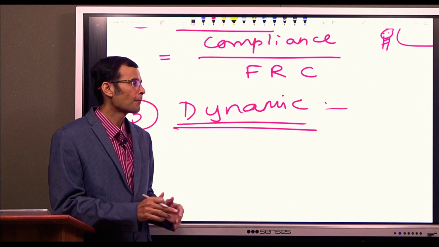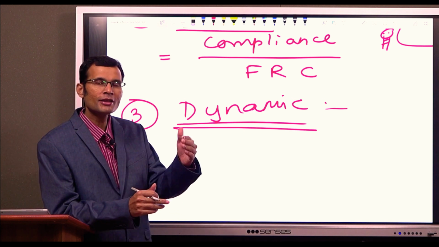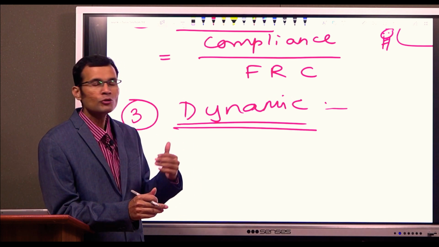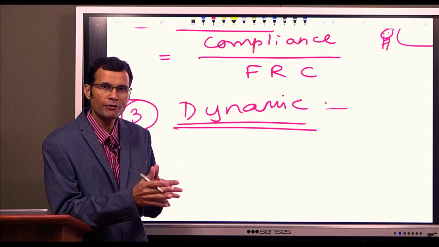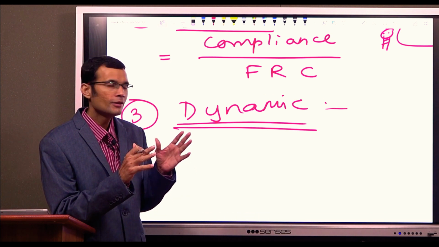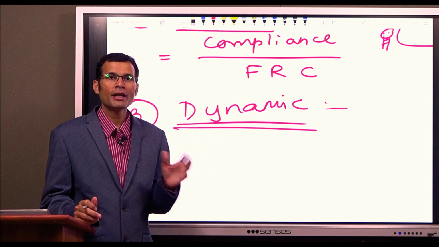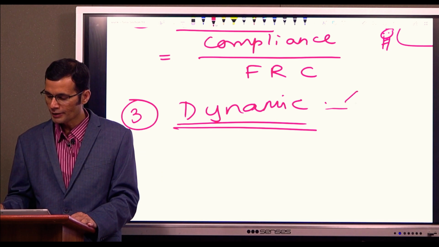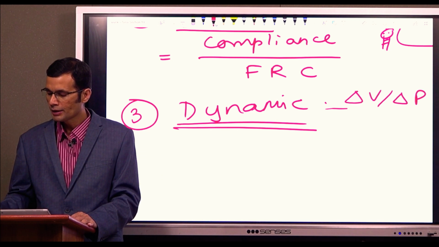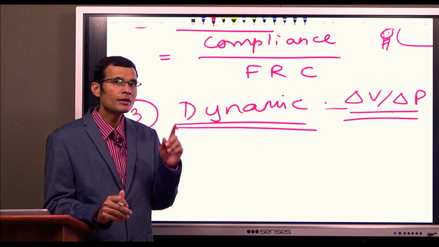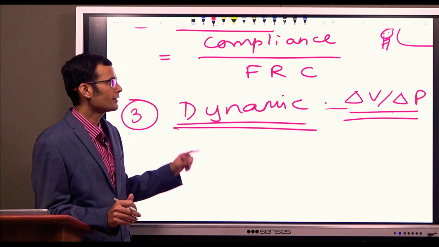But inside the body, when the lungs are constantly in the movement of inflation and deflation, this relationship does not remain very linear. This delta V by delta P relationship does not remain linear. So what is dynamic compliance?